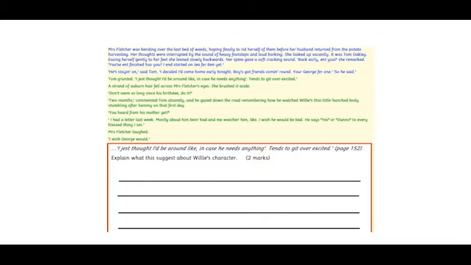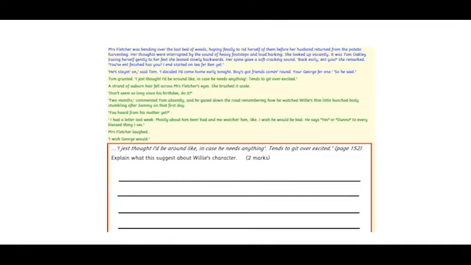Mrs. Fletcher was bending over the last bed of weeds, hoping to finally rid herself of them before her husband returned from the potato harvesting. Her thoughts were interrupted by the sound of heavy footsteps and loud barking. She looked up vacantly. It was Tom Oakley. Easing herself gently to her feet, she leaned slowly backwards.